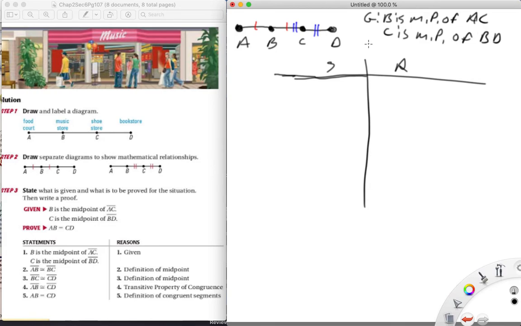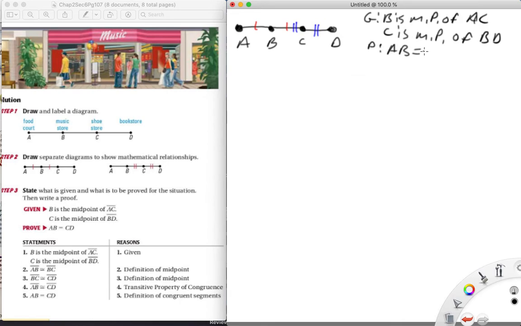And then we've got to prove, write this, prove that AB is equal to CD. Okay.